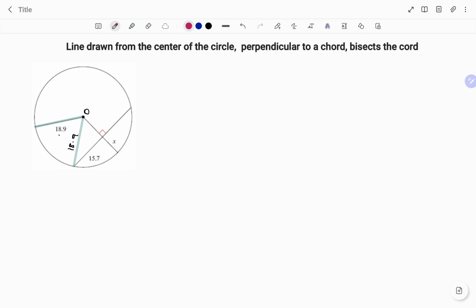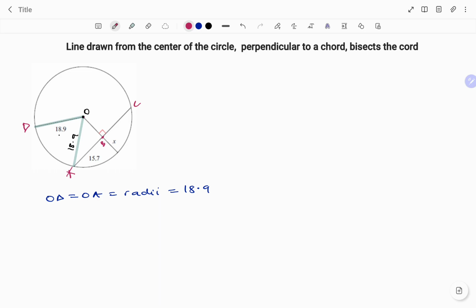Also, I'm going to look for this distance from O to this point. Let me label that point. I have A, B, C. This is point D. OD is equal to OA, their radii, and that's equal to 18.9 units. I'm going to look for my OP.